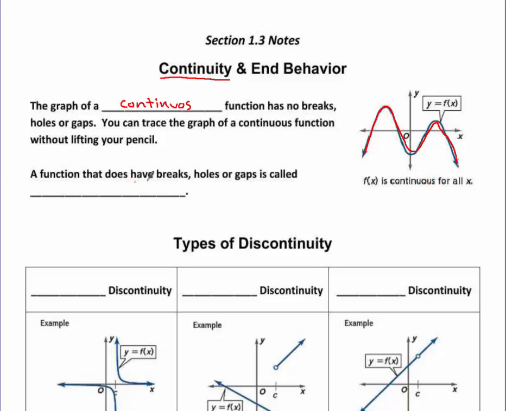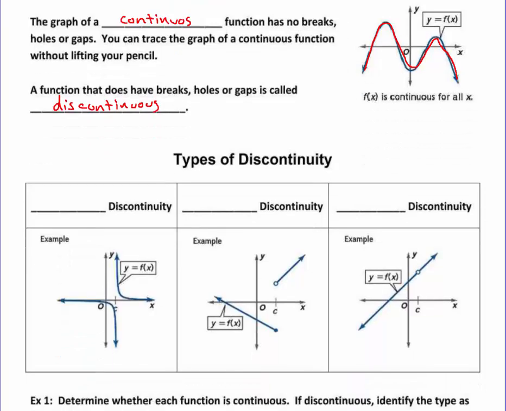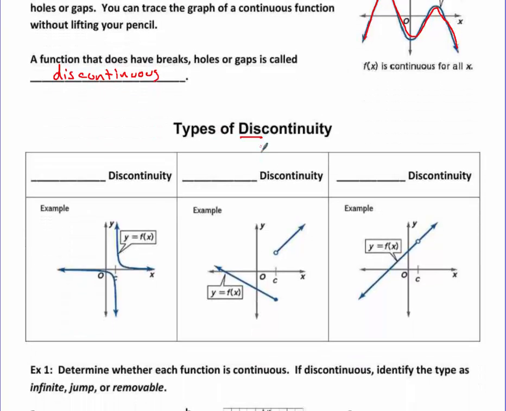A function that does have breaks, holes, or gaps is called discontinuous. Okay, and that's what we're going to talk about right now, is different types of discontinuity. So the first kind occurs in a graph like this.